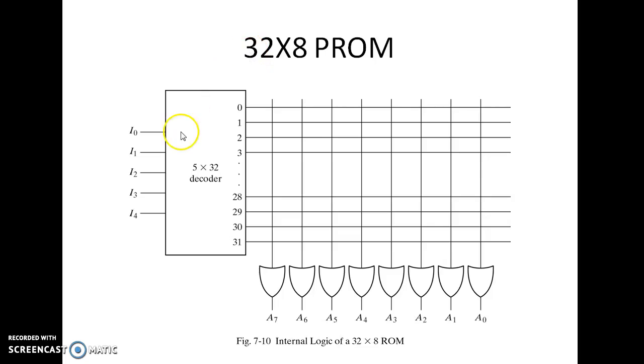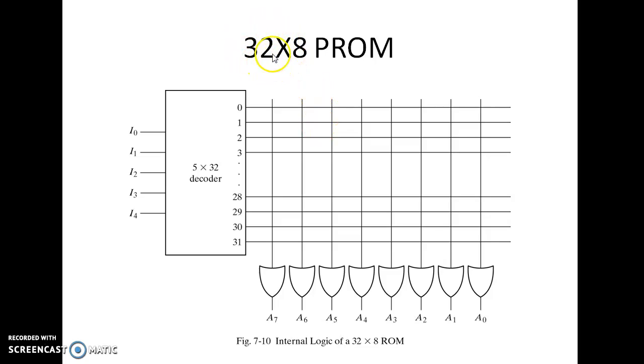So what is the size of the decoder? 5 into 2 power 5, that is 32. So this 32 represents the outputs. How many outputs does the decoder have? 32 outputs. If it has 32 outputs, how many inputs should it have? Definitely 5, because 2 power 5 is 32.